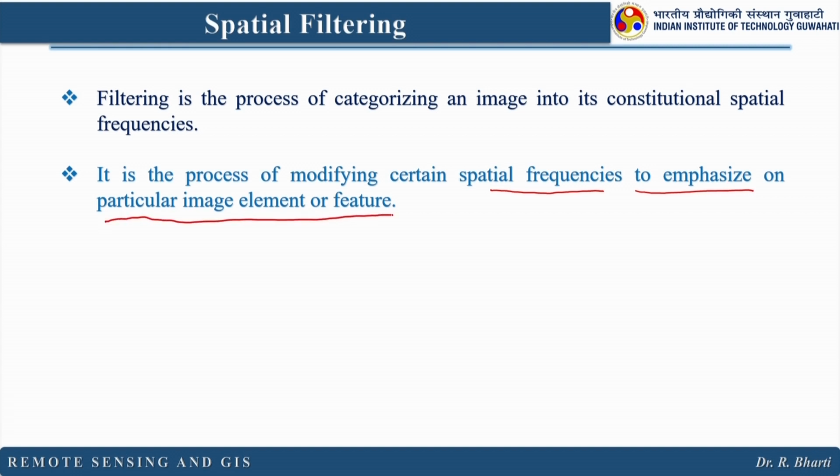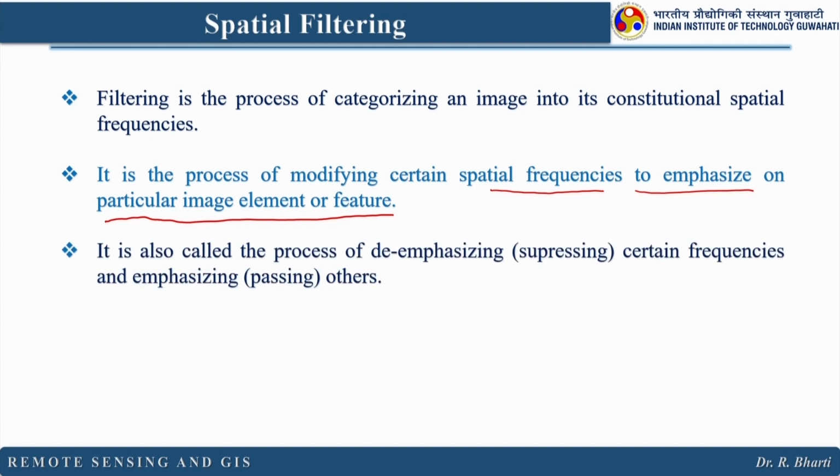So basically we are identifying a particular type of spatial frequencies which we want to highlight, suppress or enhance by using some filtering mechanism, right? It is also called the process of de-emphasizing certain frequencies and emphasizing others, right?